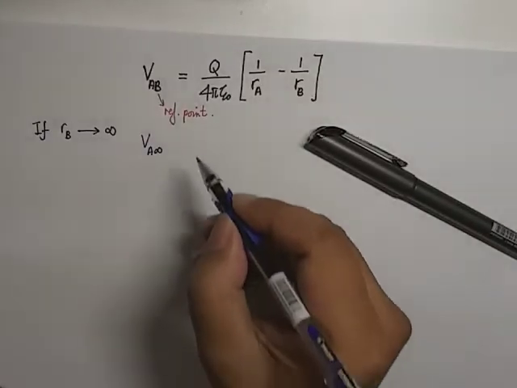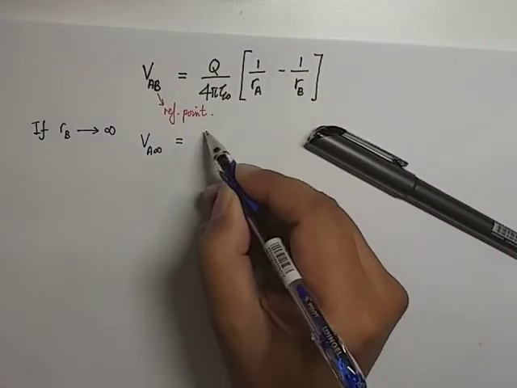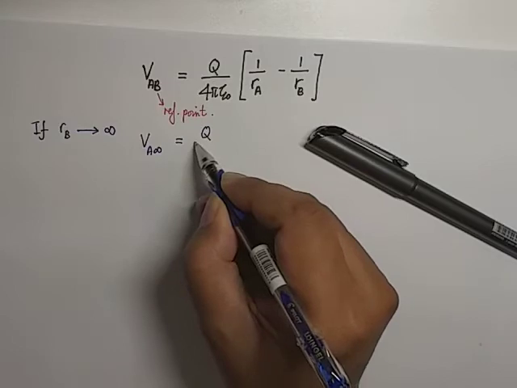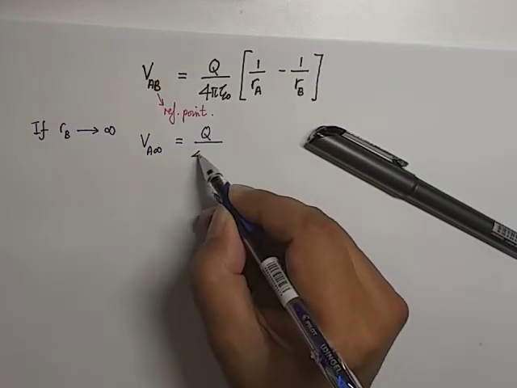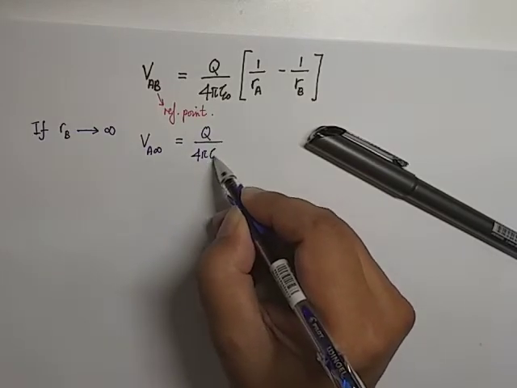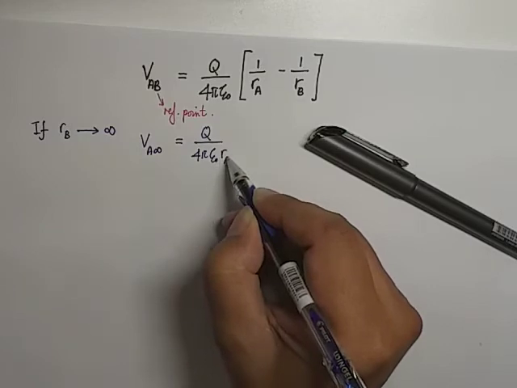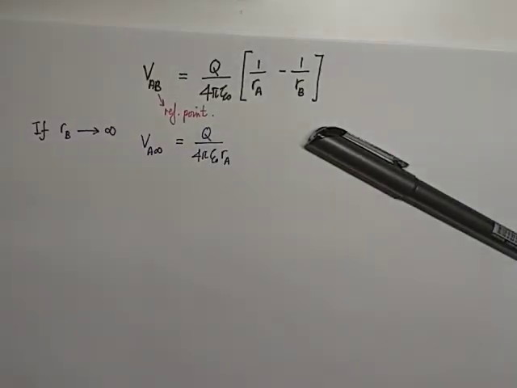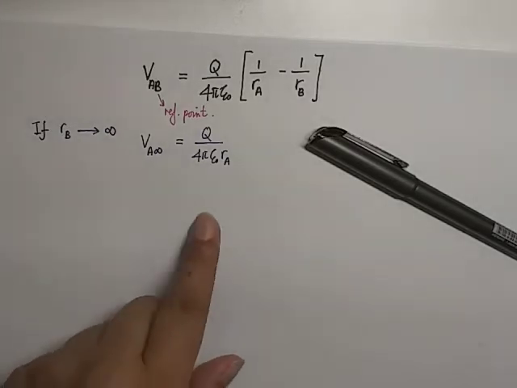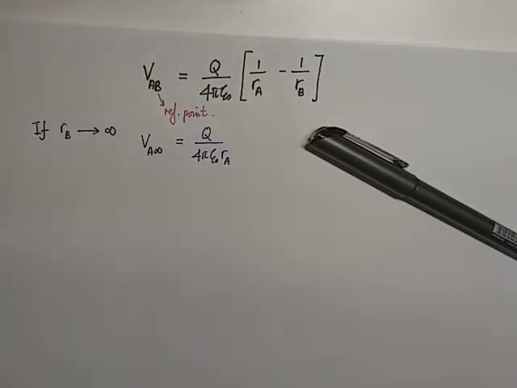So what happens to the mathematics of the above equation? We're going to say now, VA at infinity is equal to Q divided by 4 pi epsilon naught RA. Therefore, 1 over infinity becomes 0.